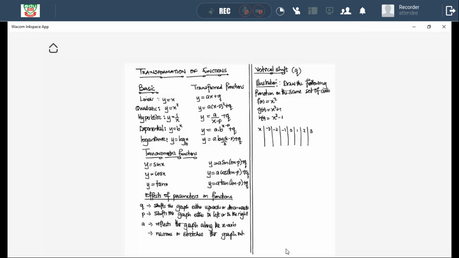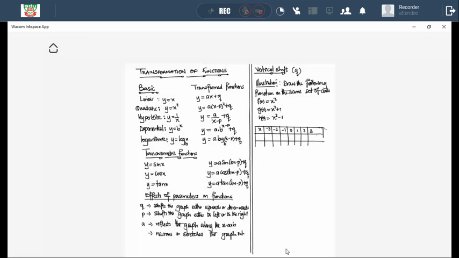I'm trying to come up with a table of values, then I'm going to draw a graph. From the graph, we are going to deduce some conclusions that are very important. Then we generalize them and we use them all the way.